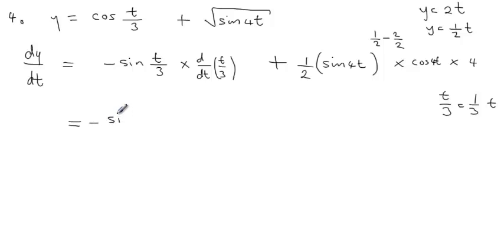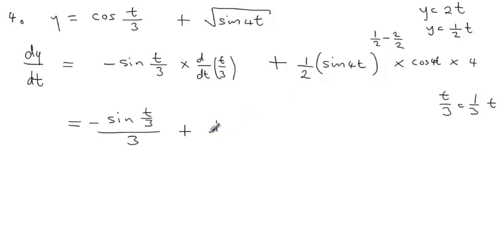So what are we going to have now? Minus sine t over 3, plus this will be minus half.